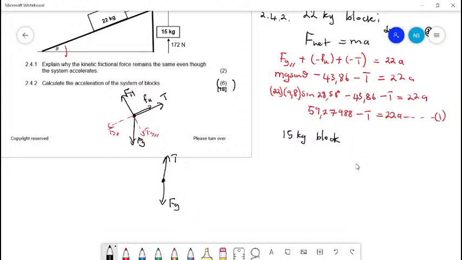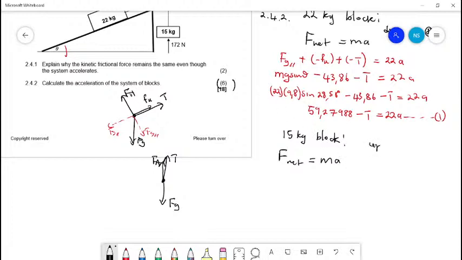So this force of 172 is also included. So this one is going up just like that. So we can call it F applied. And that's our new free body diagram. So we do the Fnet for this one. So Fnet still remains MA. And then we're going to take upward as positive in this case because we see this thing is moving up.